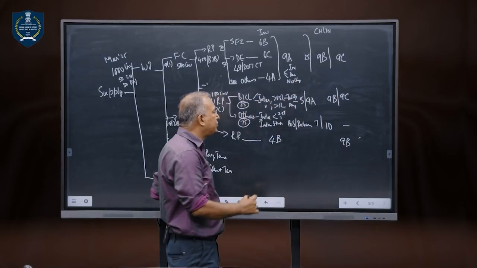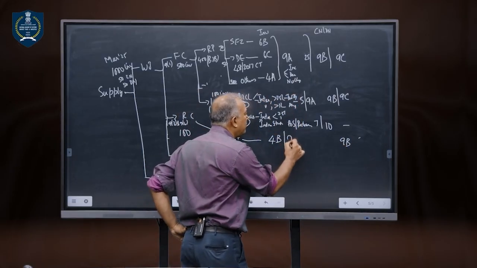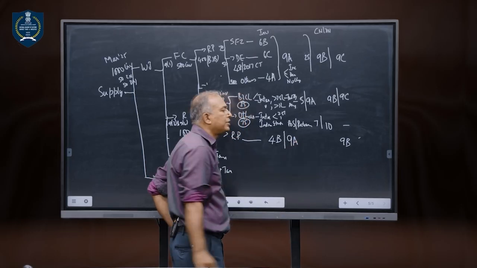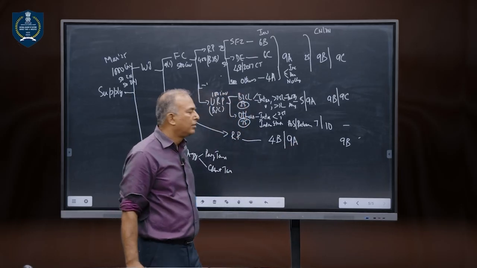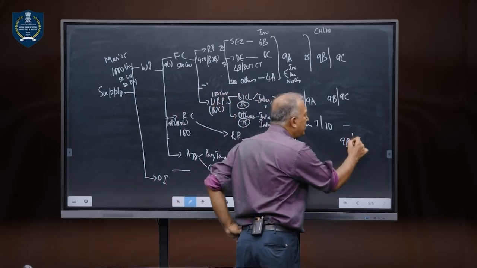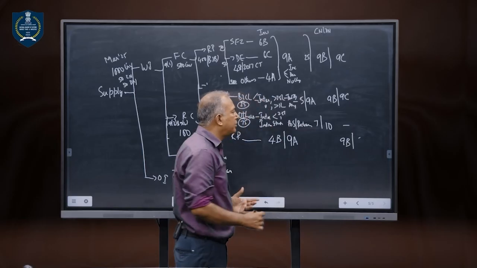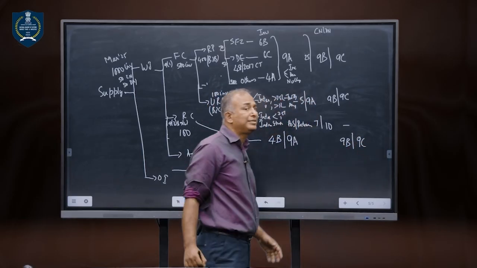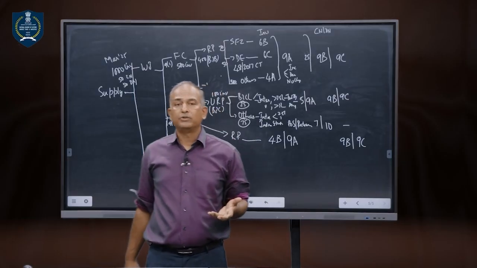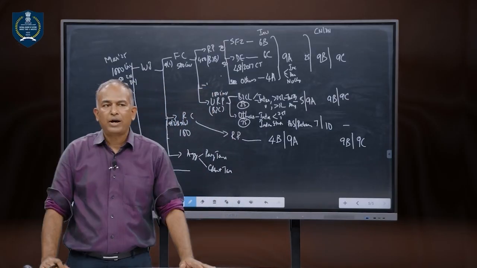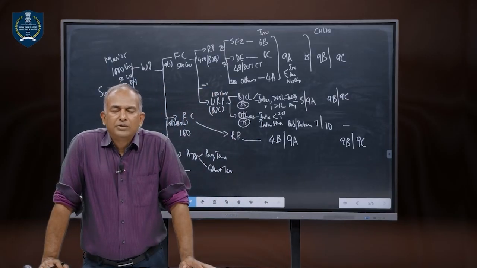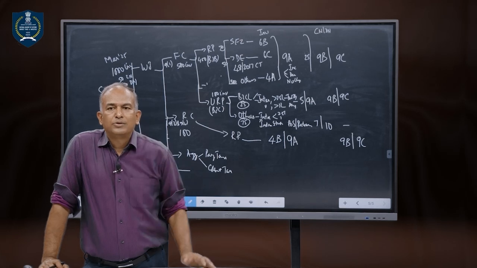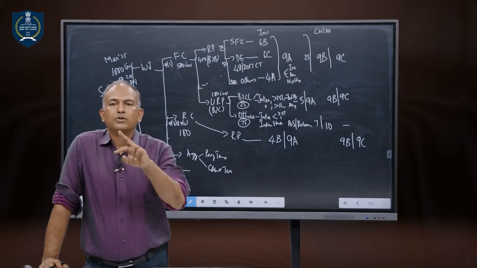Can Rajesh make a mistake in table 4B? Definitely. He corrects it in a table which is 9A. Can Rajesh make a mistake in 9B, which is credit note, debit note? In respect of this, the correction happens in a table which is called 9C. I want you to visualize this. What I want you to visualize is that once it is a reverse charge liability, the system should ensure two things.